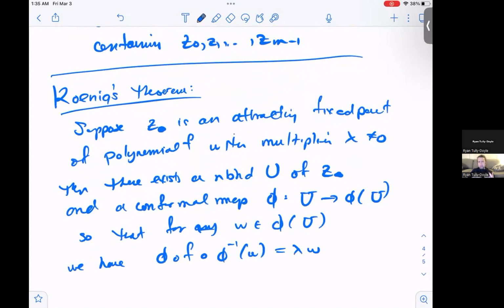Remember, what conformality is doing is it's distorting that circle possibly into some other shape, but it's preserving geometry. So whatever f is actually doing, if I can restrict my vision tight enough and do a conformal change of variables, f is secretly a linear function on that neighborhood. And that is precisely why the multiplier is controlling whether or not you're coming in or being pushed out.